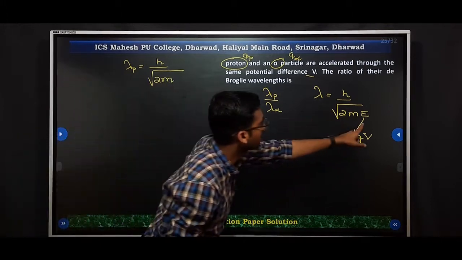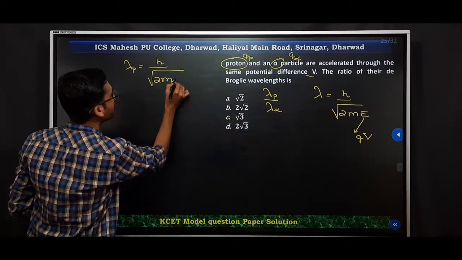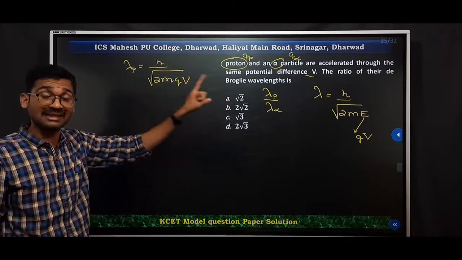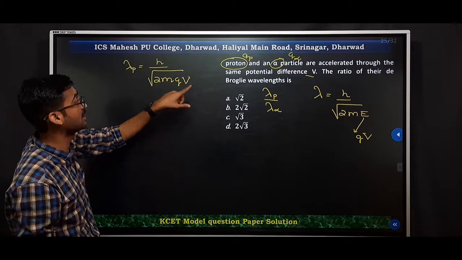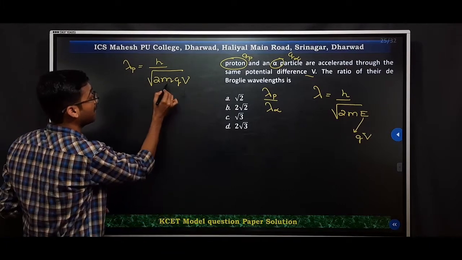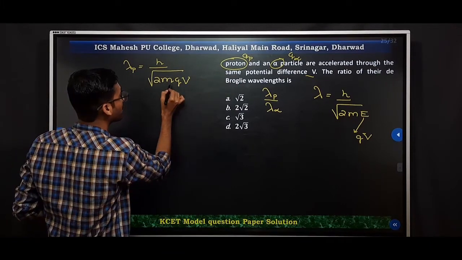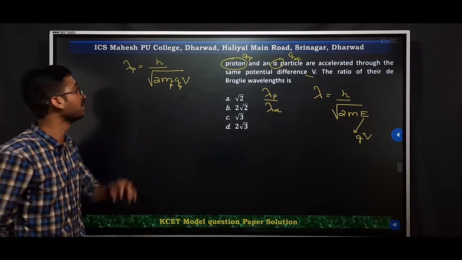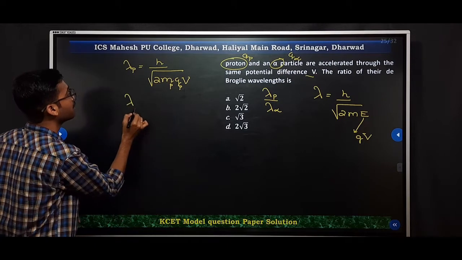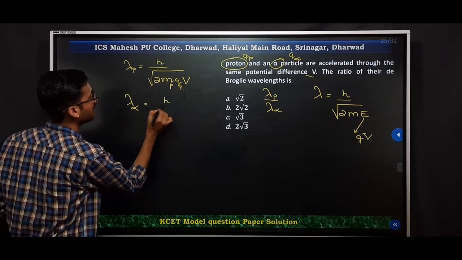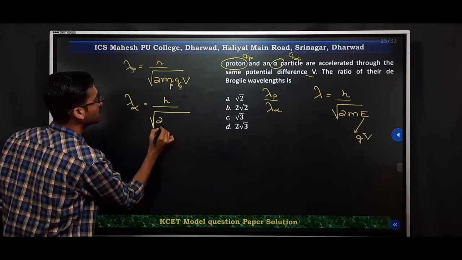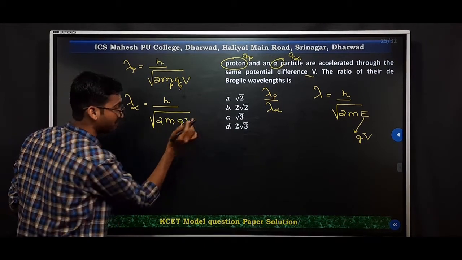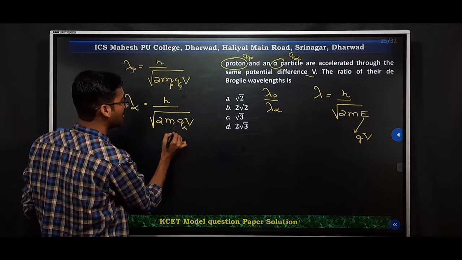Now here E can be written as q into V. As both are accelerated through the same potential difference, V remains the same. But which charge am I taking here? Proton, therefore qp, and the mass of the proton is mp. Similarly for the alpha particle, lambda alpha is h divided by under root of 2 times m into q into V. Again V remains the same, but it will be for the alpha.